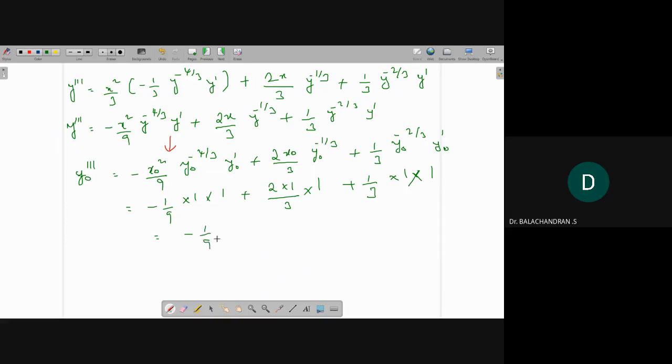Minus 1 by 9 plus 2 by 3 plus 1 by 3. So minus 1 by 9, 3 by 3 is 1. So minus 1 plus 9, that is 8 by 9. So 8 by 9. I think up to this is enough.